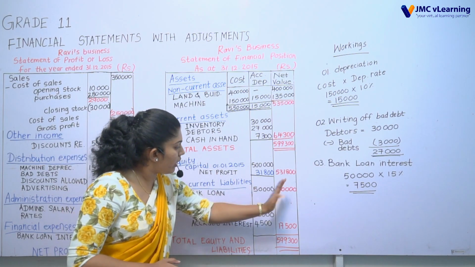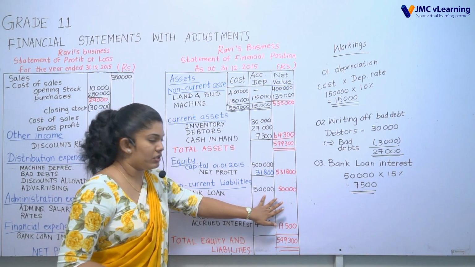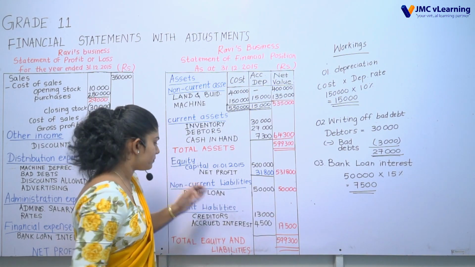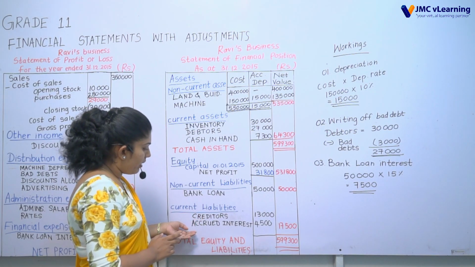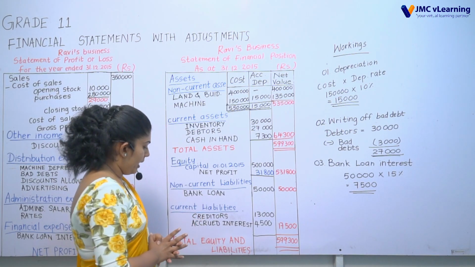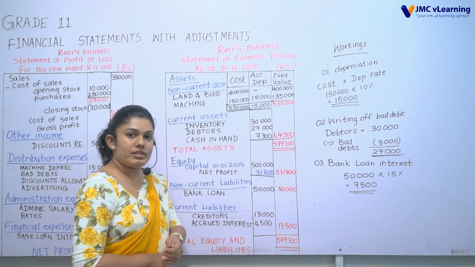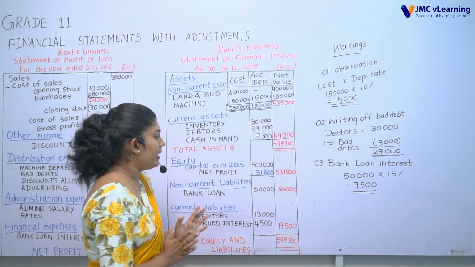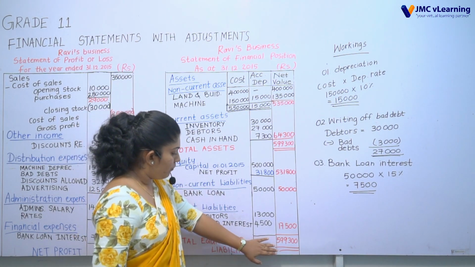We can directly record it in this column, or we can pass from this column to this column. Never mind. Current liabilities, we have creditors and accrued interest. The addition of these two is 17,500.